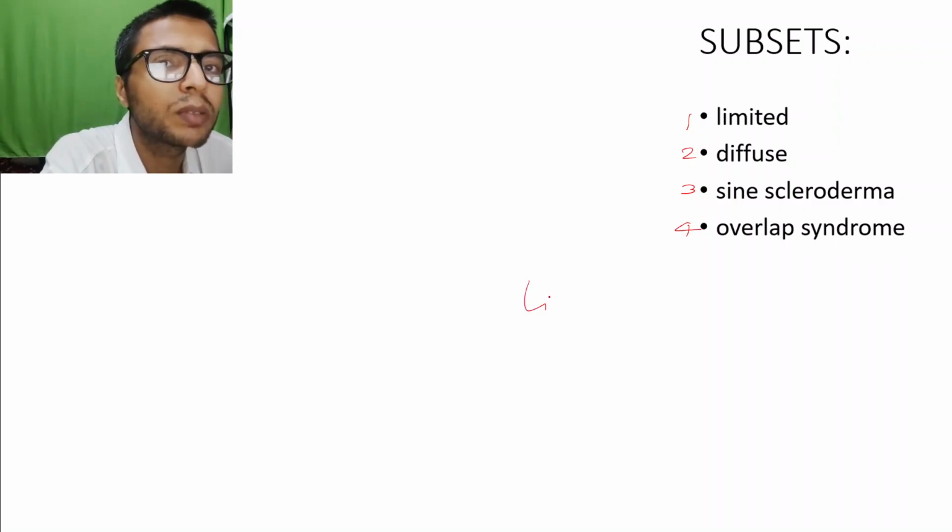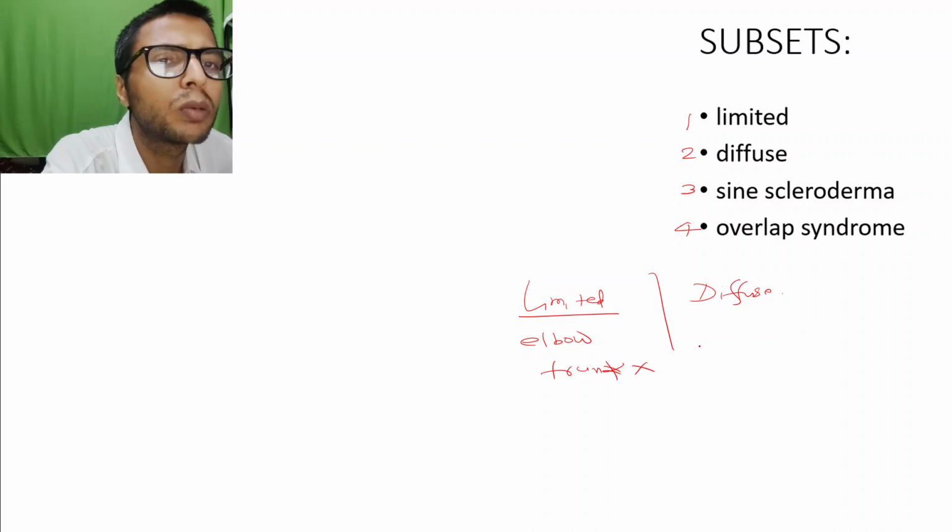So what is the difference between limited and diffuse? Limited means it is limited distal to the elbow, and it does not involve the trunk. In diffuse, the trunk is involved, plus it extends proximal to the elbow and knee joint. Face can be involved in both.